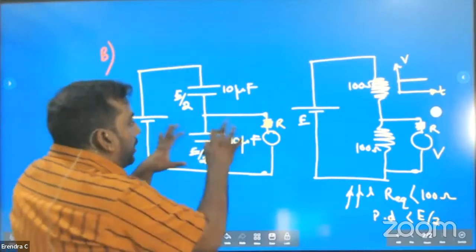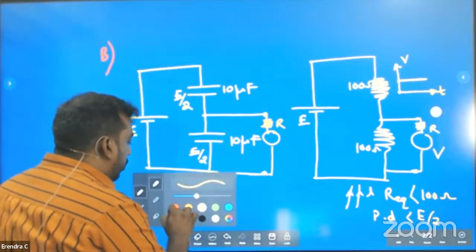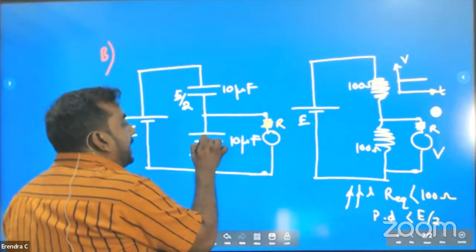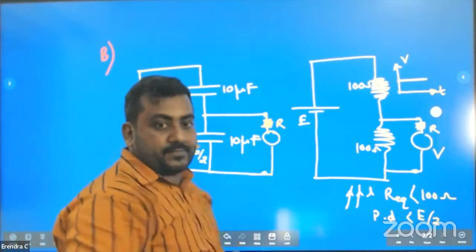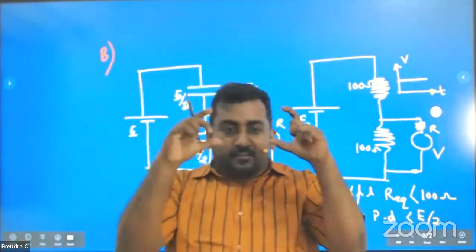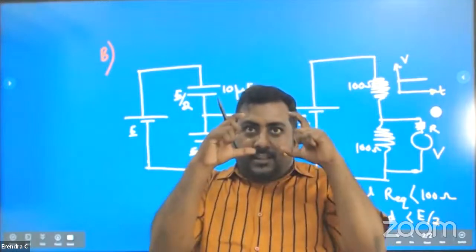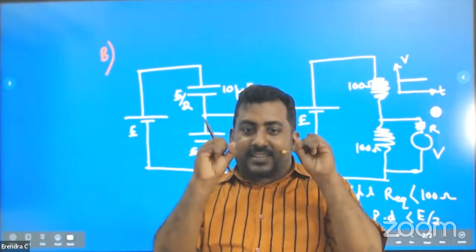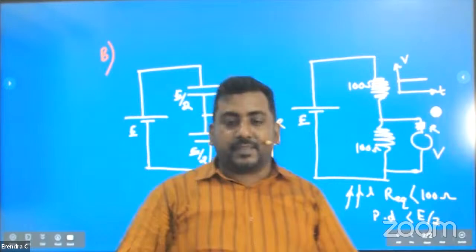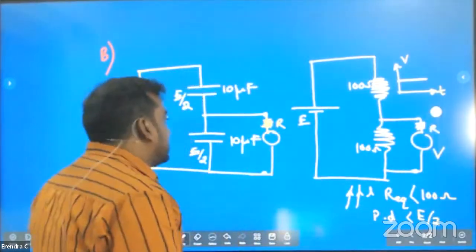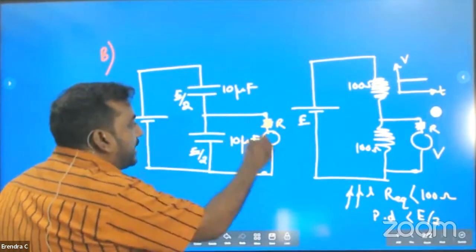But now if you go here, be careful: this is already charged. Just like in a camera flash, the moment you press the flash, after some blinking, suddenly the flash comes. That sudden flash means from here there is going to be a discharge.